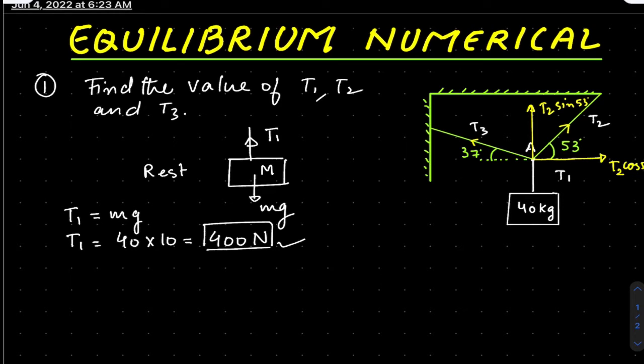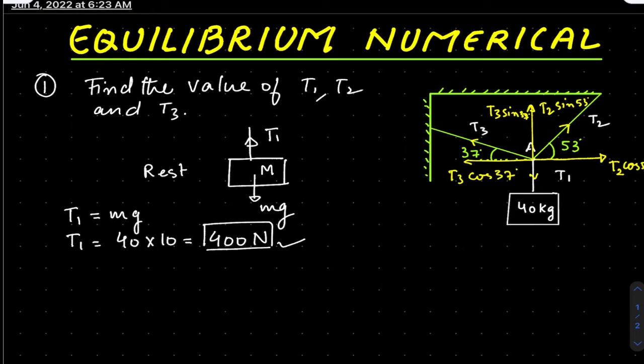Similarly, we will resolve T3: one component is T3 cos 37 degree, and one is in the upward direction, that is T3 sin 37 degree. Okay, and here T1 acts in the downward direction from point A.